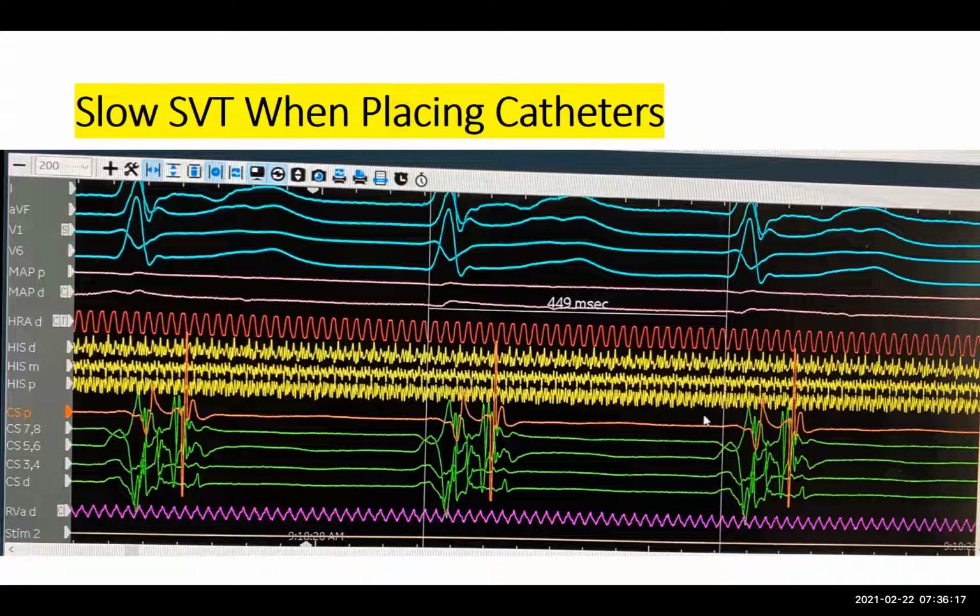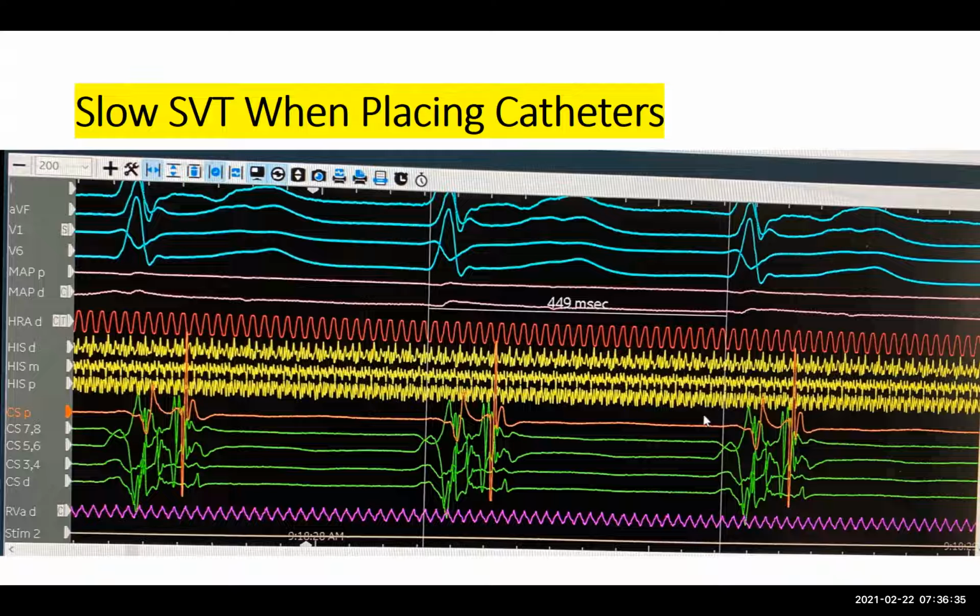So the coronary sinus, the ventricular, so the V's in the coronary sinus are correlating with the QRS on the surface EKG.